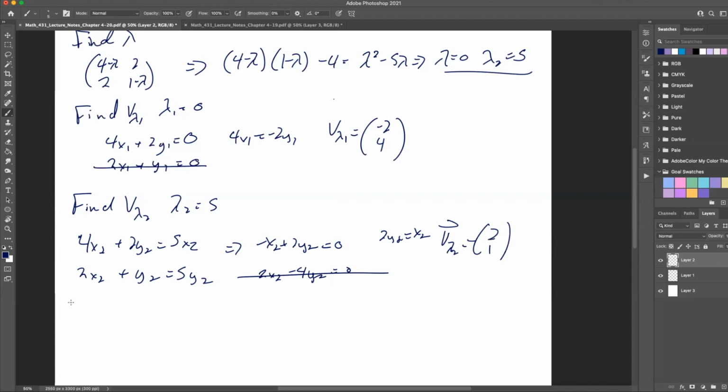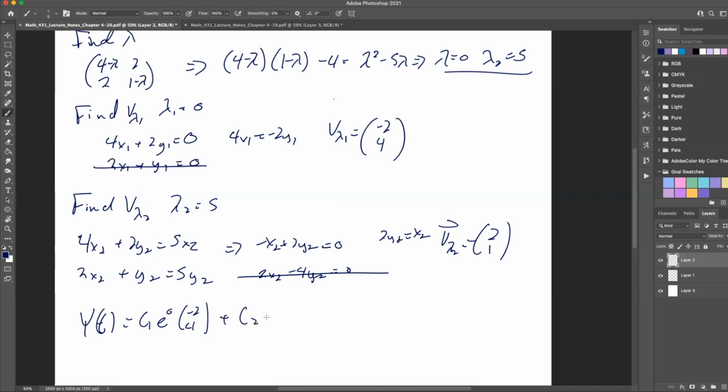All right, so we can do our general solution now. y of t is equal to c1 e to the 0t times negative 2, 4. I'll be pedantic about it, and then I'll show you how to simplify it.